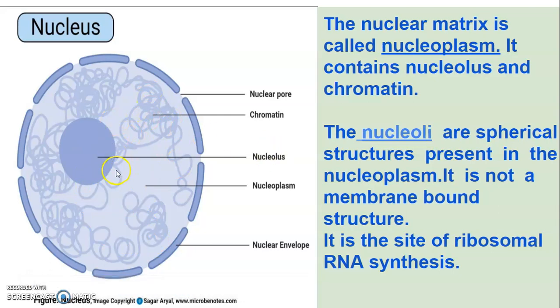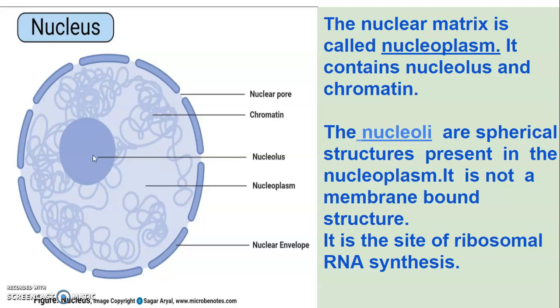This spherical structure present inside the nucleoplasm is called nucleoli, the plural, or nucleolus. This nucleolus is not a membrane bound structure. It is not covered by a membrane. Its main function is as the site of ribosomal RNA synthesis.